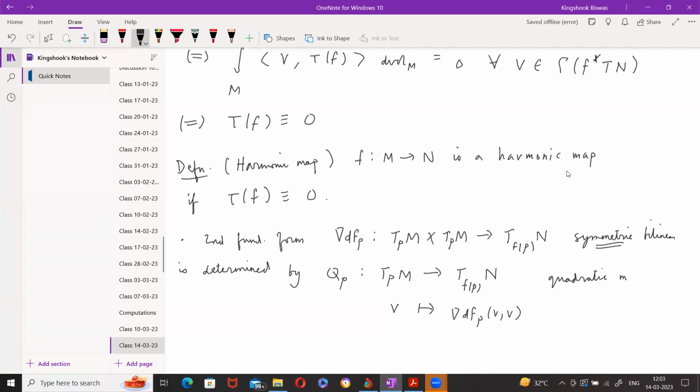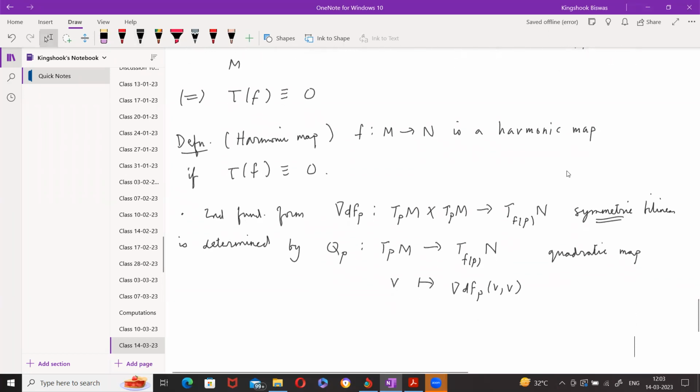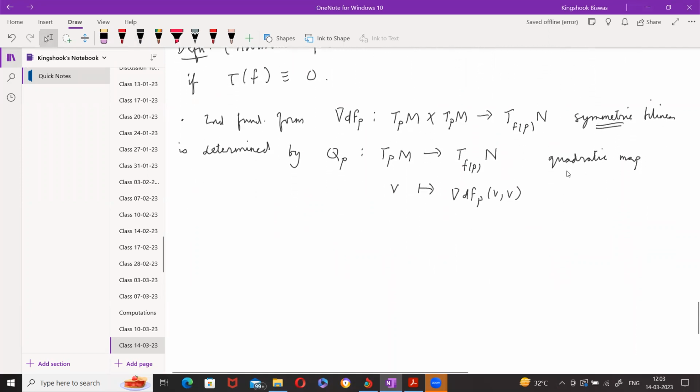That means if I choose bases, then the coordinates of this will be quadratic polynomials in the coordinates. So it's a quadratic map. The point is that we just need to compute the second fundamental form along the diagonal, along (V, V).